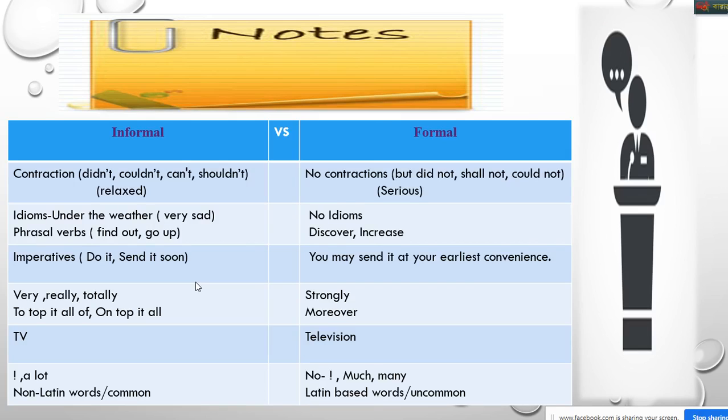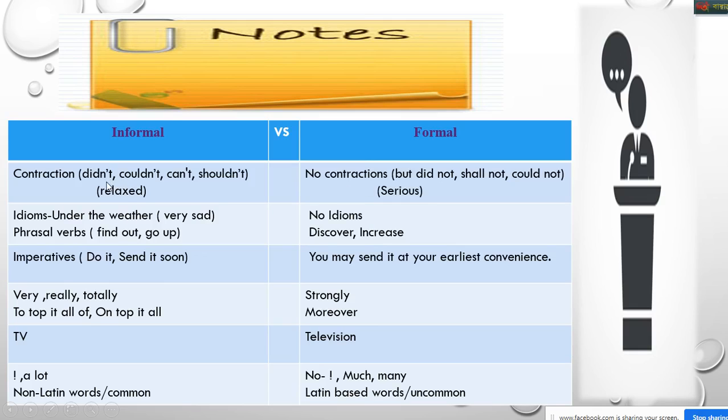All right, contractions. In a formal letter, you are not supposed to write contractions, meaning didn't, couldn't, can't, shouldn't. In an informal letter you can write in a relaxed mode. But you are not allowed to write any contractions in a formal letter. Of course, you have to write the full form of the words.